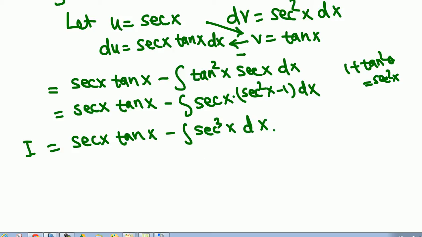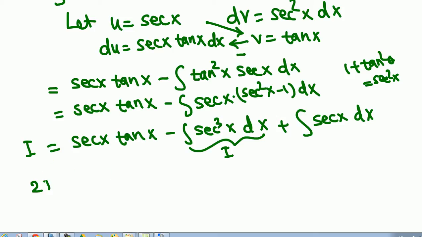This is the original question, and there is a negative, and positive, integral of secant times 1, secant x dx. So this is the exact question we began with, so negative I. Now let's move this to the left side. Negative I becomes plus I when we move to the left.